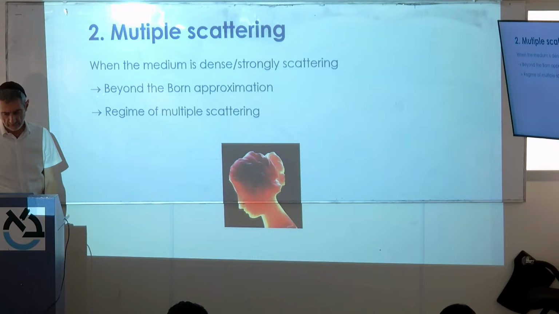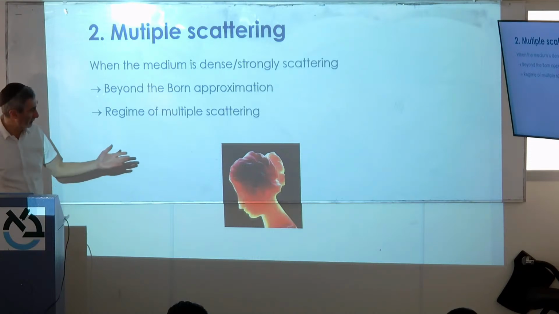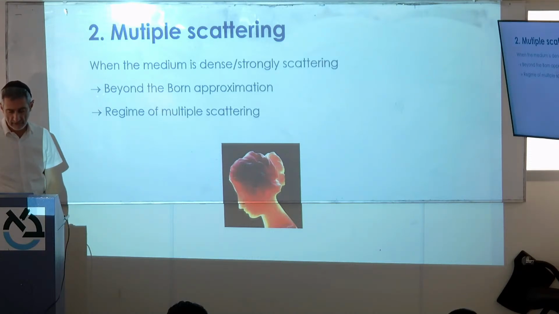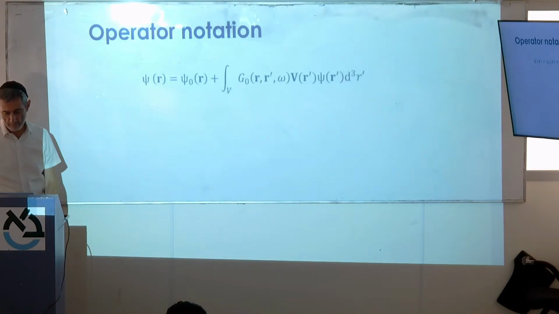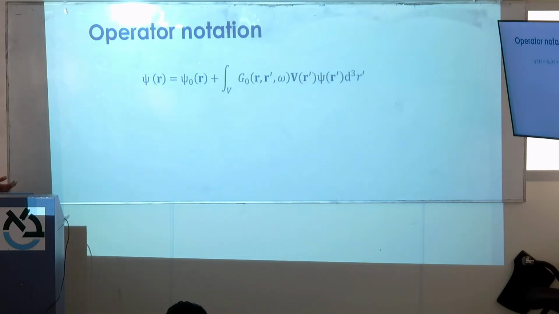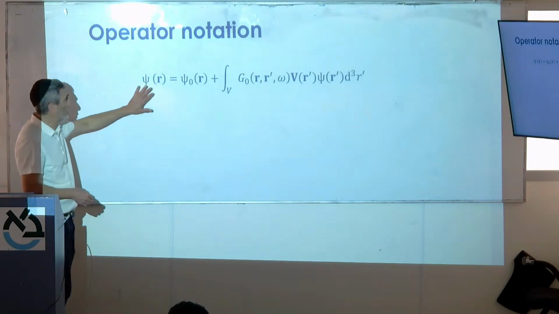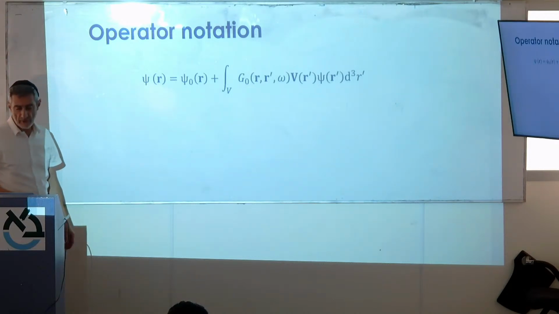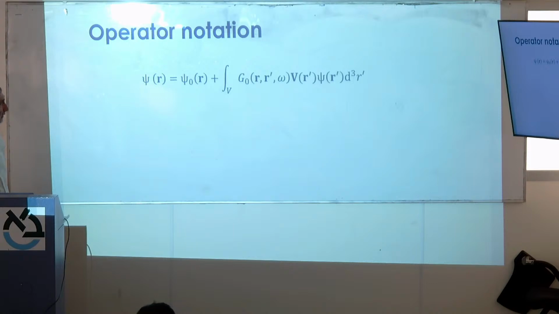That is a typical case of diffuse light, which we are now going to consider. In the same spirit as quantum mechanics, I want to introduce an operator notation. We start from the definition of my wave function, psi.